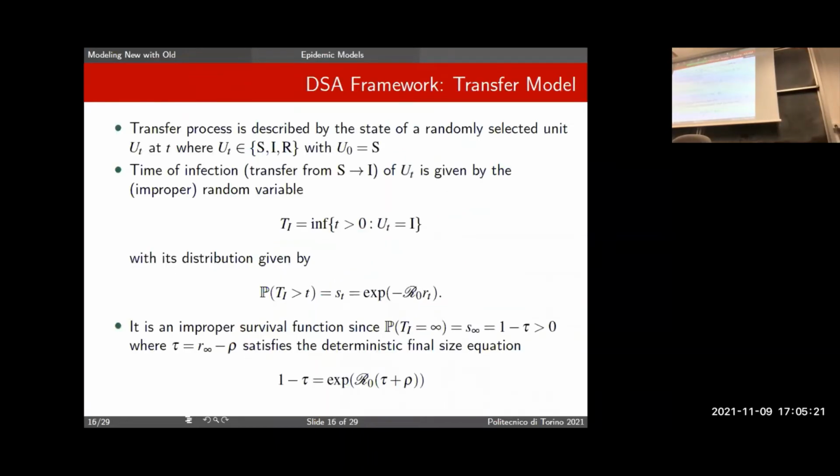Okay, so if I do this, then I am reaching something which I call the transfer model, in which I am moving away from this notion of counting people who got infected into the notion of computing times when infection happens.